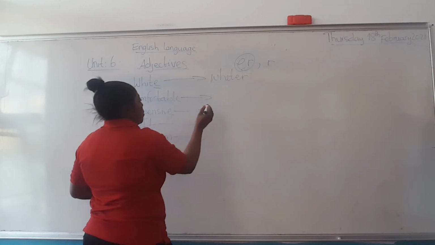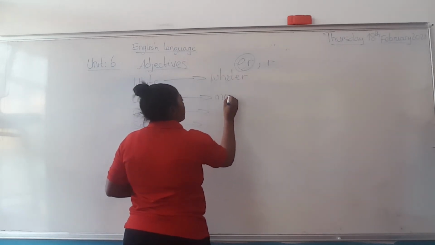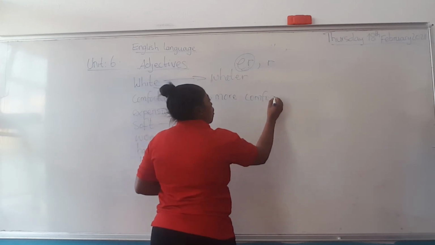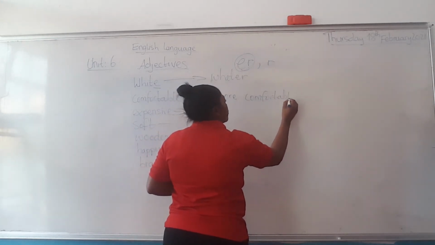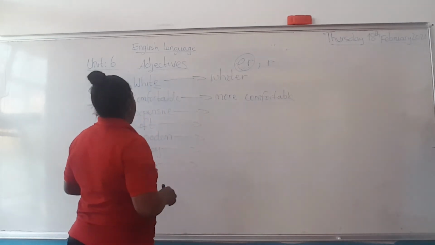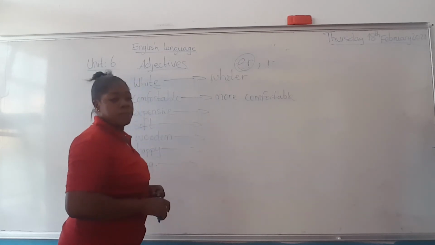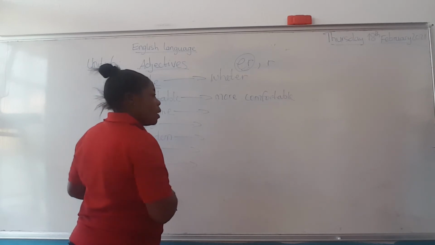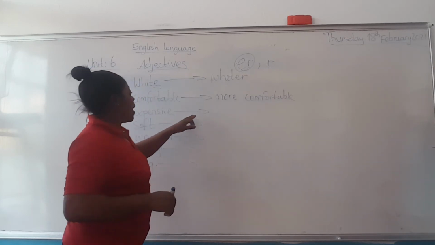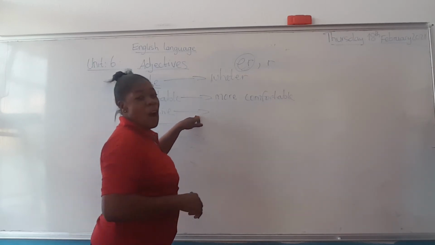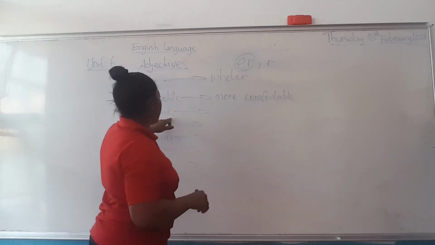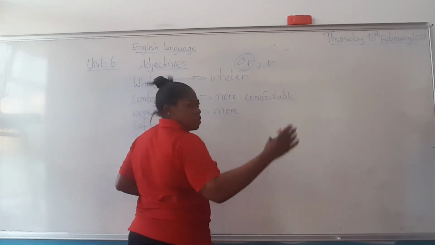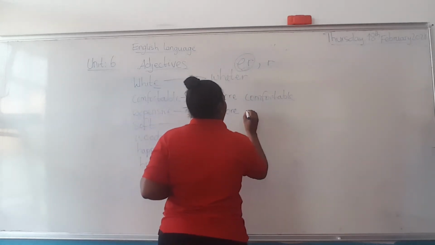So comfortable becomes more comfortable. Expensive. The comparative form of expensive is more. You do remember? More expensive.